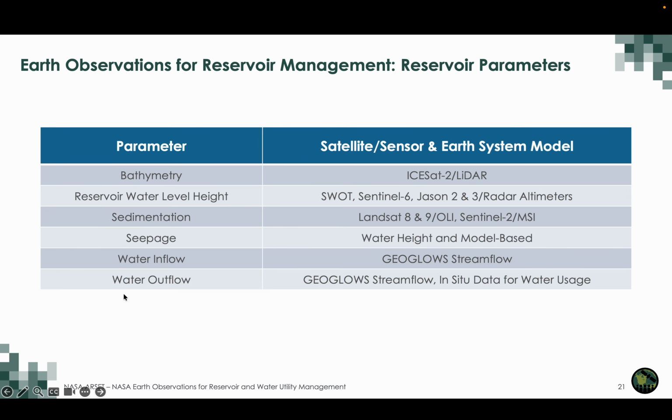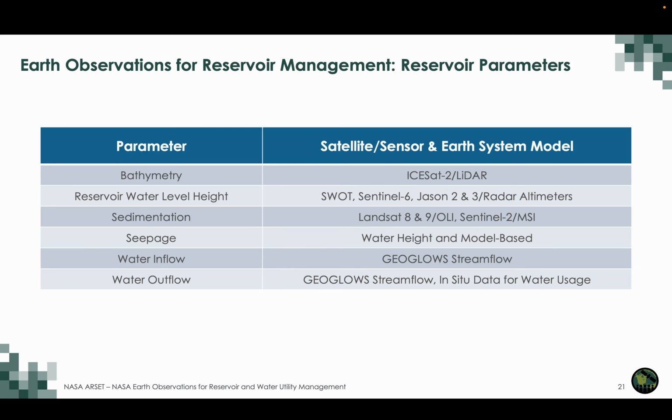And water inflow and outflow are available from GEOGloWS hydrologic model that provides stream flow. And for outflow, we also need in situ data for water usage, such as water release for different applications.